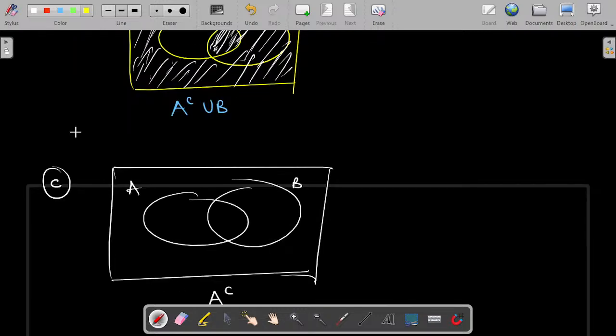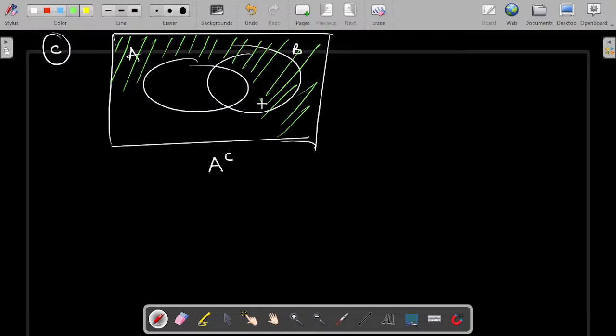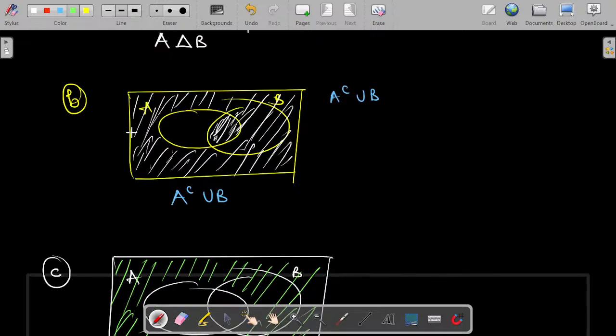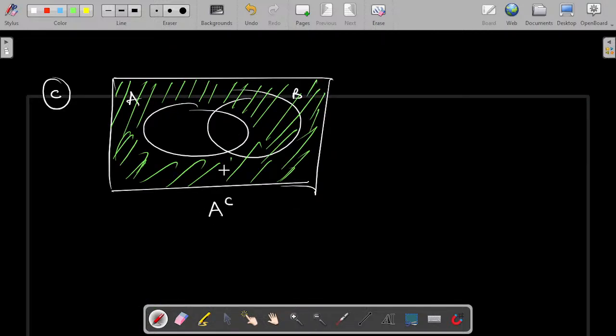So your A complement is going to be the whole shape apart from A. So I'm going to shade everything apart from A. Something like this is my A complement. Even from your question B, you should have seen what the answer is going to be. It's not going to touch this inner part because that part is also in A. And that's the solution for that one.